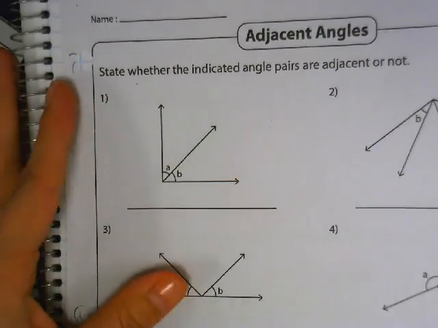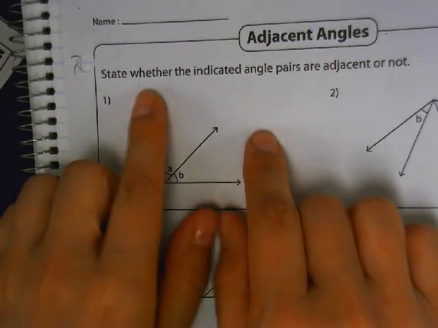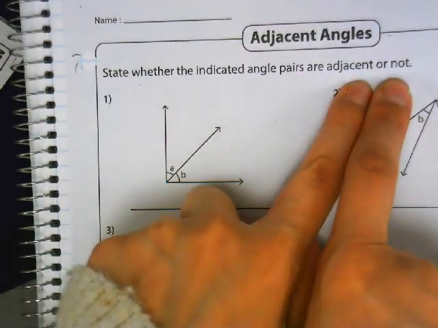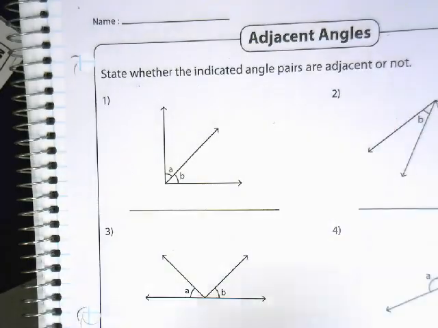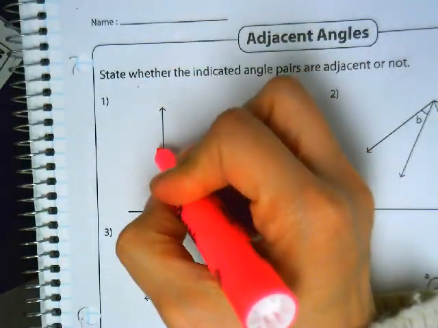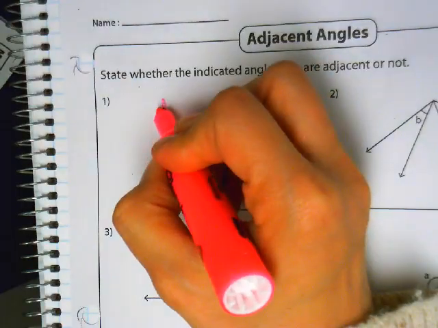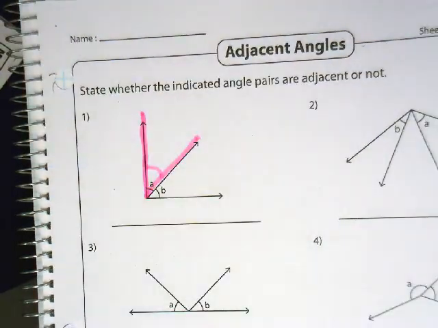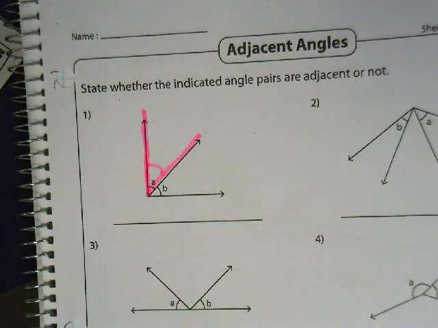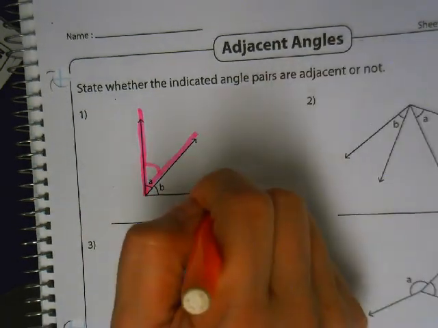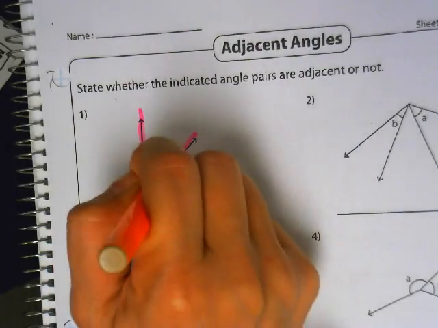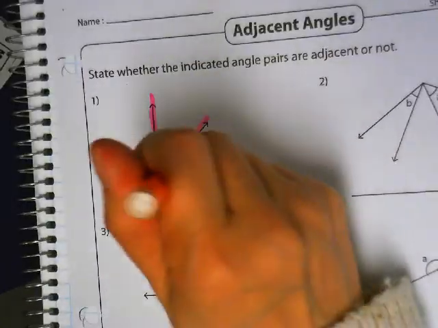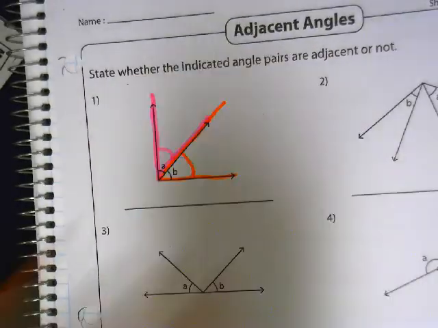Okay, number 1. Directions. State whether the indicated angles are adjacent or not. So, if I trace angle A, this is angle A right there. I'm going to trace what makes angle A. There, I just traced angle A. And I take my different color, and I'm going to trace B. This is B. Did I overlap?